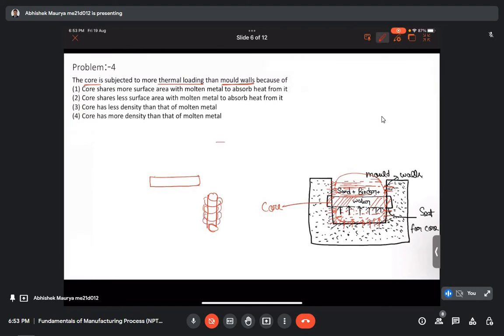Whereas if we want to make a schematic of the mold walls in 3D, I should make it a little simpler.